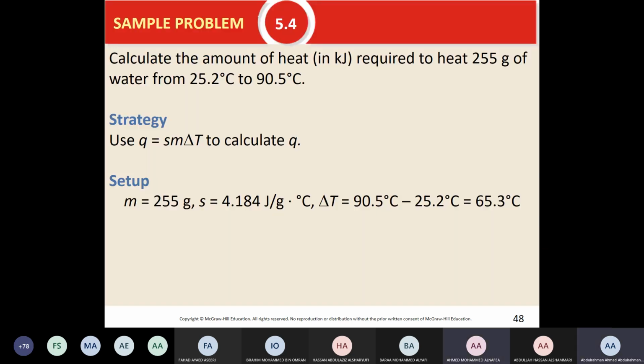Yes, it is. Thanks. Calculate the amount of heat required to heat 255 grams of water from 25.2 to 90.5. So what's delta T? 90.5 minus 25.2.